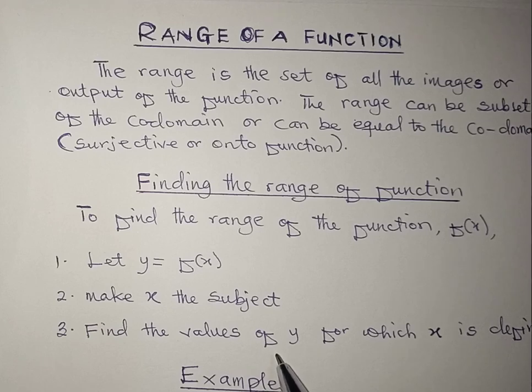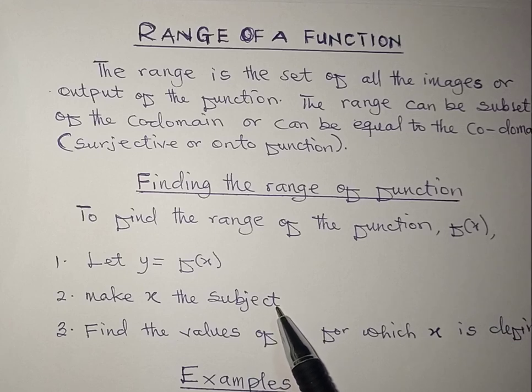Previously, we already discussed range, domain, and image when we were dealing with relations. We started with relations, and it is the same when we talk of functions. So in this case, a range is the set of all images or outputs of the function.